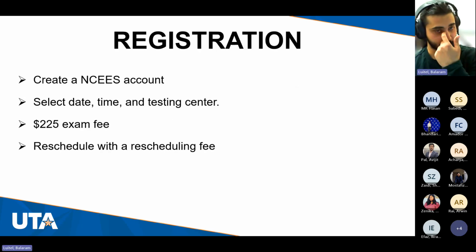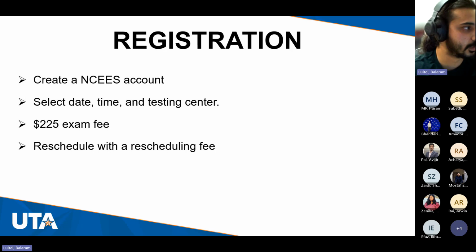The process to register for the exam is to go to the NCEES website, create your account, and there you can select the date, time, and testing center. Currently the exam fee is $225. You can reschedule the exam, but the rescheduling fee is $50. So please be careful when selecting your date for the FE exam.